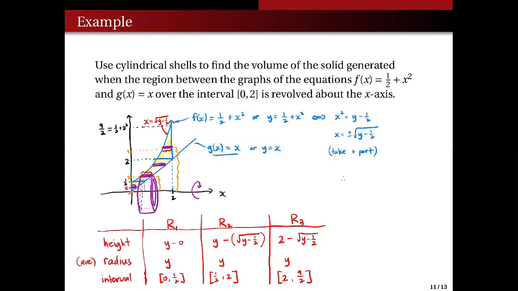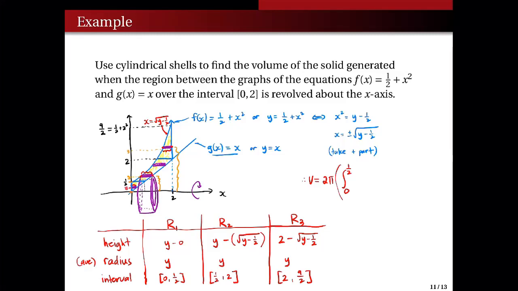Therefore, what is the volume? The volume will be the volume here plus the volume here plus the volume here. So let us write the volume. Therefore, volume equals. All of them will have 2 pi, so I'll just factor out that 2 pi at the very outside. For the first region, the limits of integration are 0 and 1 half.